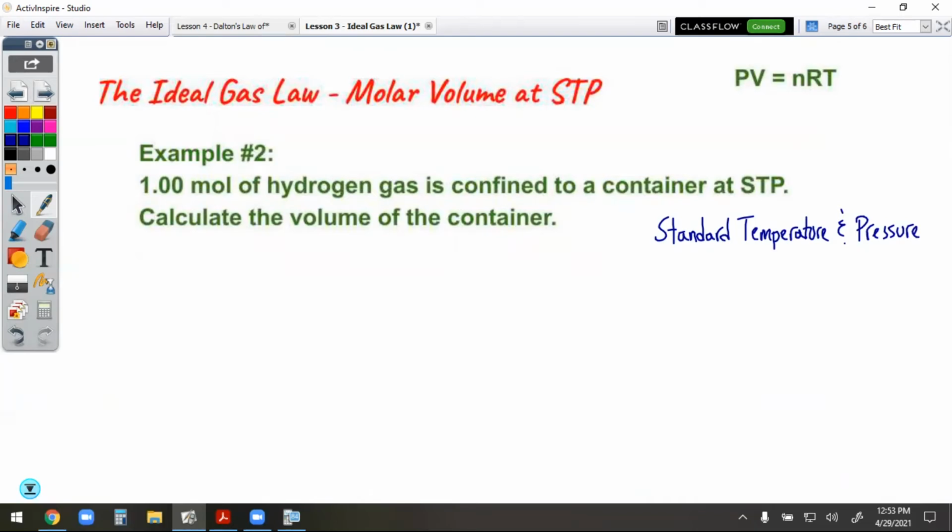So when you are told that a system is at STP, that's a shortcut for temperature equals 273.15 Kelvin and pressure equals 1.00 atm. So when you read this in a problem, you'll automatically know the temperature and pressure that you need to use for your calculation. Let's take a look at the rest of the problem.